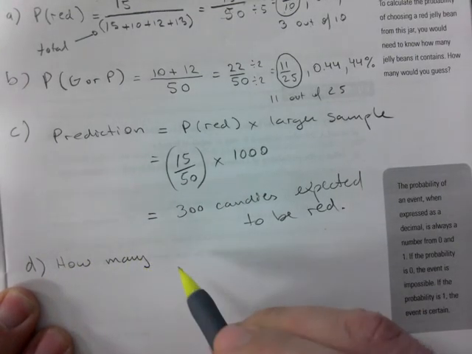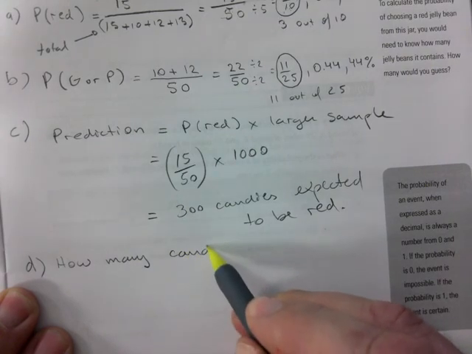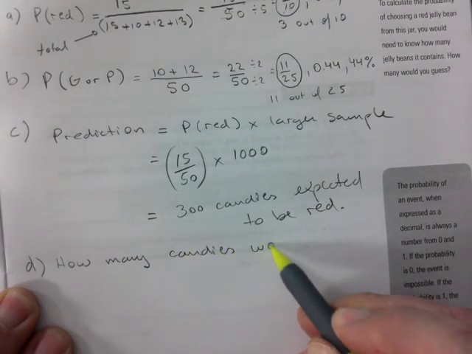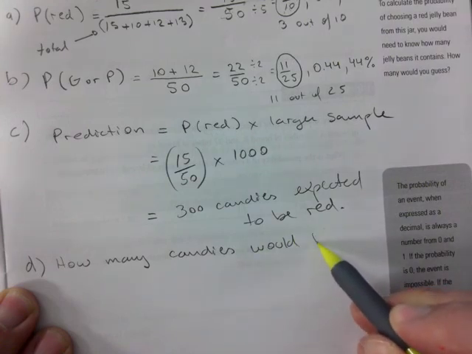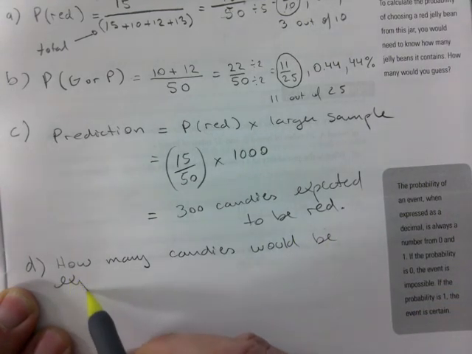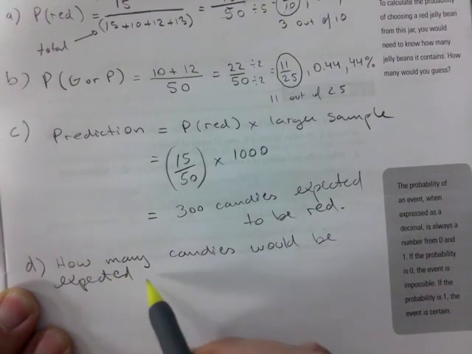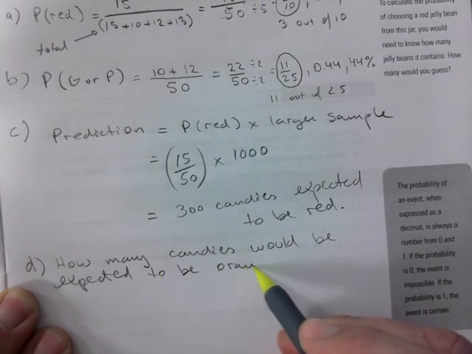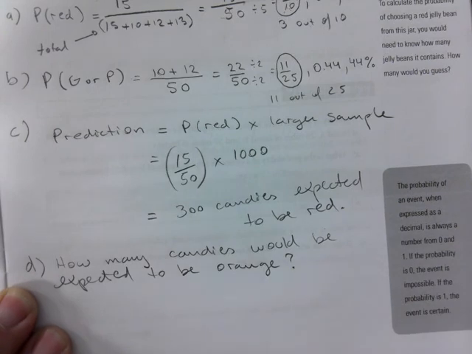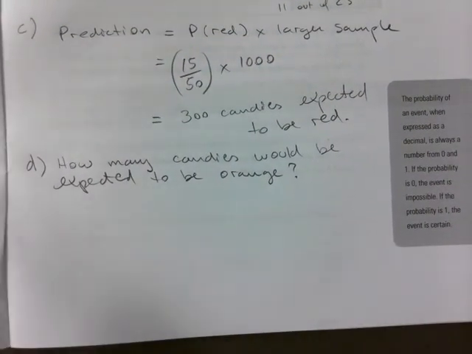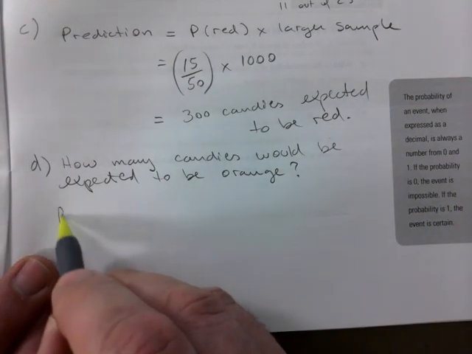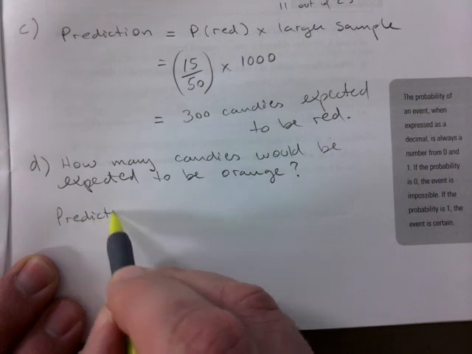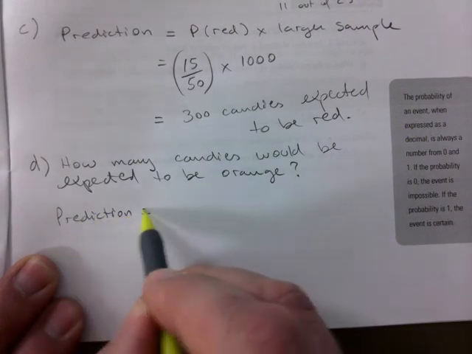How many candies would be expected to be orange? Write that down. That's just me adding. How many candies would you expect to be orange? And I like to start with prediction.